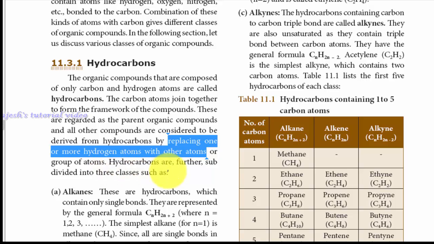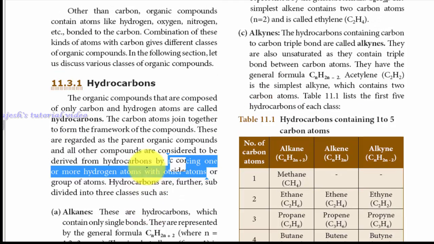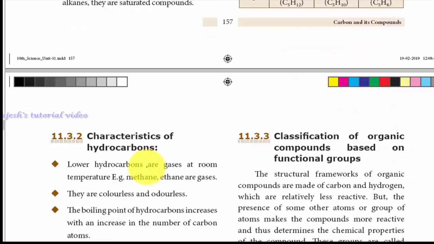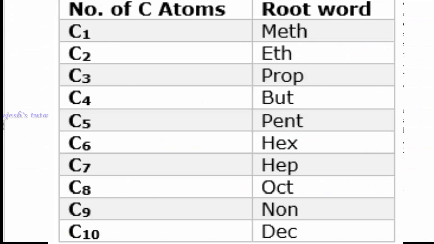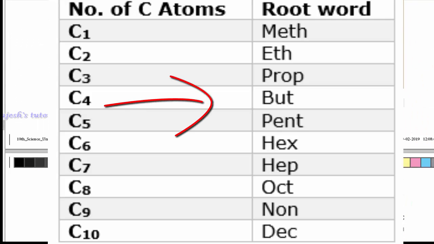Then coming to the different classes of hydrocarbons. Before going into the types of hydrocarbons, you should know certain root words with which the hydrocarbons are named. Hydrocarbons are named based on the number of carbon atoms they have. If one carbon atom is present, they are named with the root word meth.